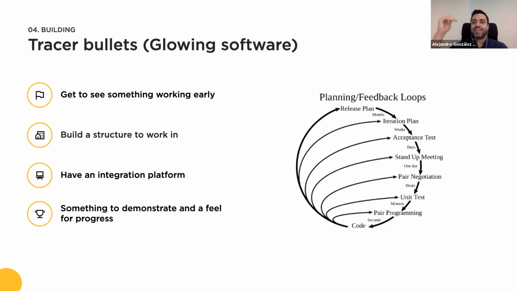That is enlightening the path to the real scenario, right? So repeating myself, get something working early, build a structure to work in. This software will give us an integration platform for the future. And of course, it will make you feel better because you will have something to demonstrate and feel progress, right?